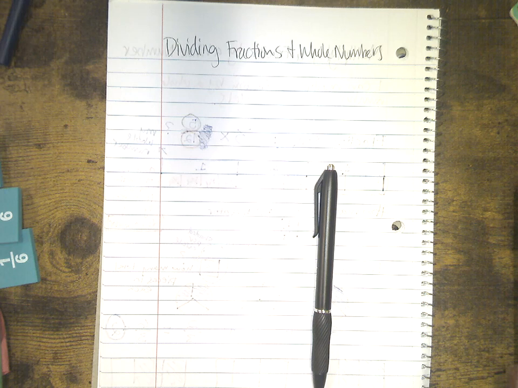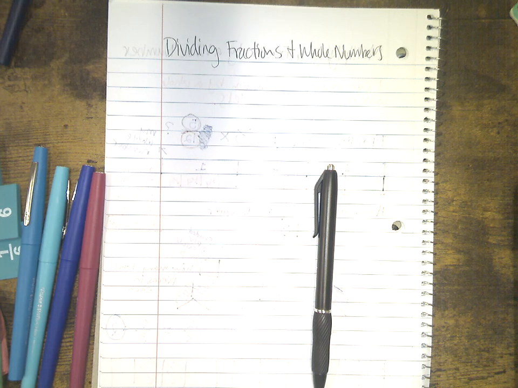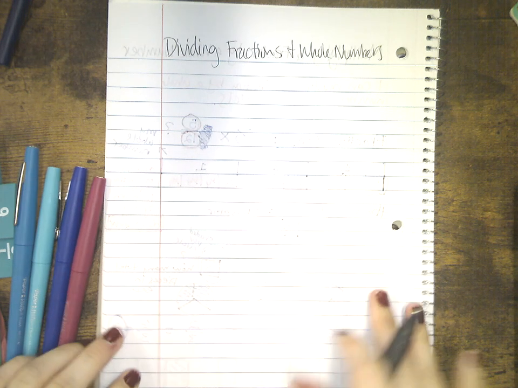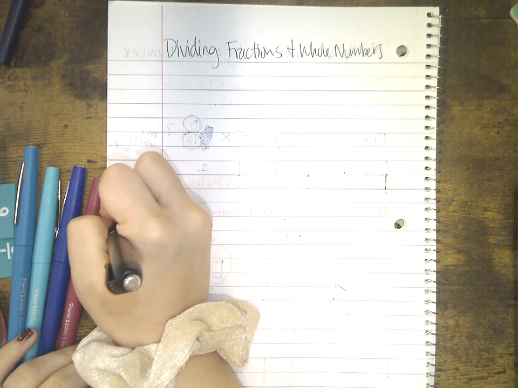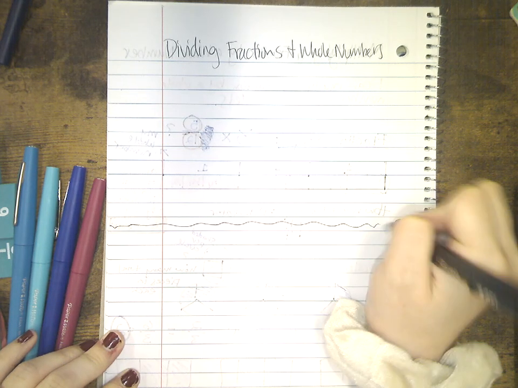So you might need a few colors. Okay? You have the colors or no? I would prefer you use colors. So we are going to do two different ones. So you are going to need to split your paper kind of in half, okay? About here. Okay.